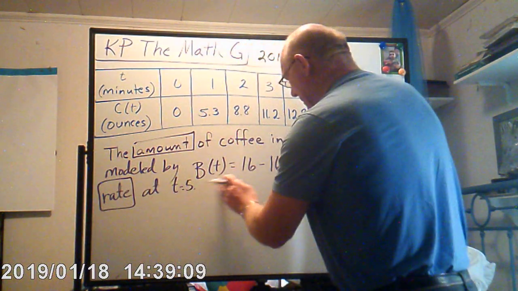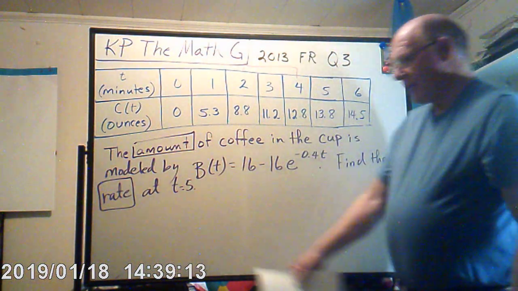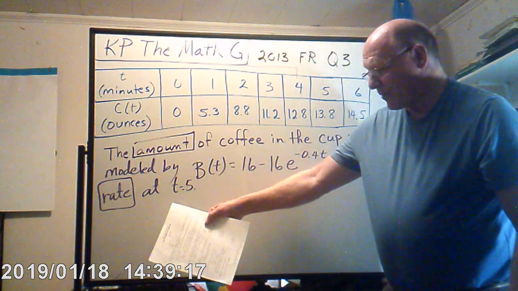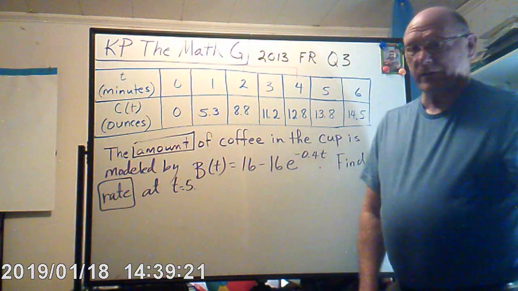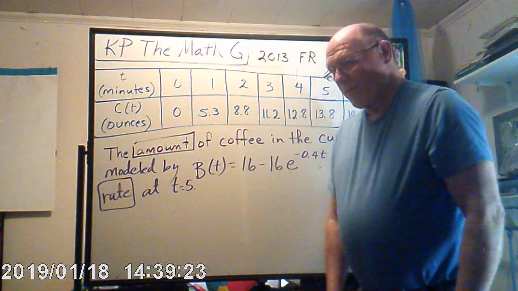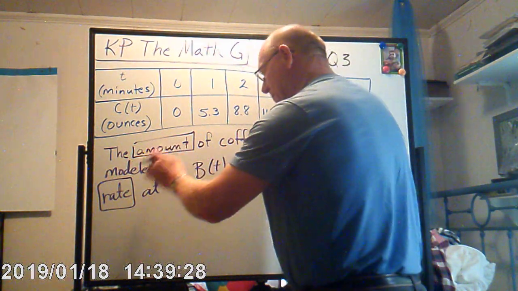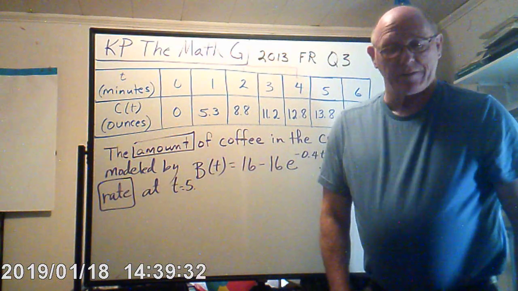So if B at t is the amount, and we want to find the rate of change at t equals 5, what do you think we need to do? If you said find the derivative, you're absolutely right, because amount turns into rate when you take the derivative.